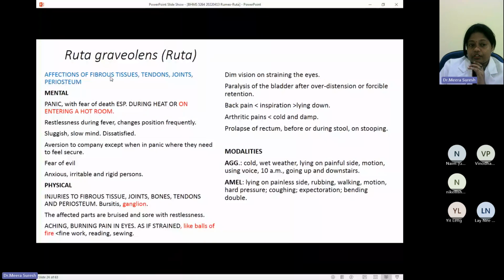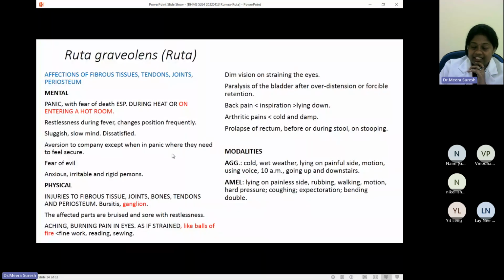So here, the affections of fibrous tissue, tendon, joints, and periosteum. Mind, in the case of Ruta, is not that important, but still there is a panic, fear of death during heat or on entering a hot room. There is restlessness similar to that of Rhus tox, and the patient changes position frequently. There is a sluggish, slow mind, aversion to company except when he is in panic.